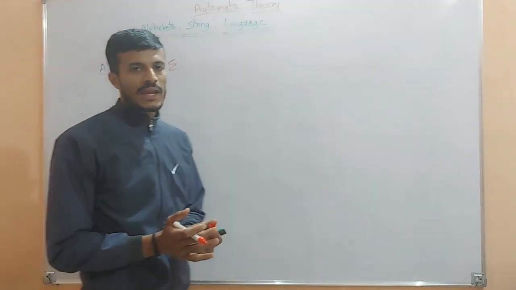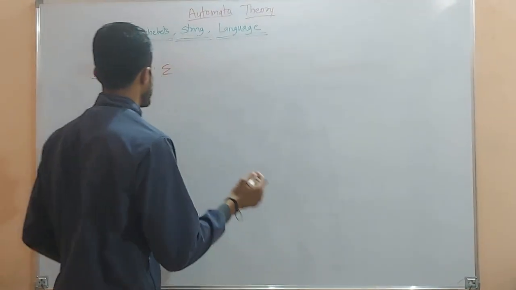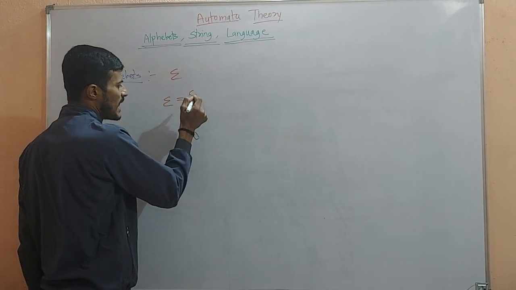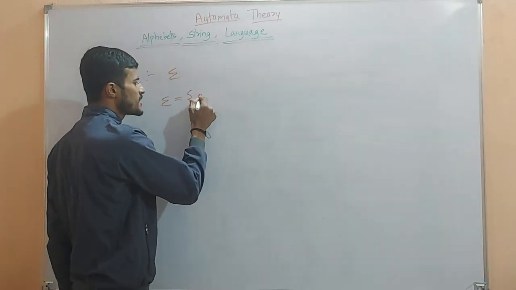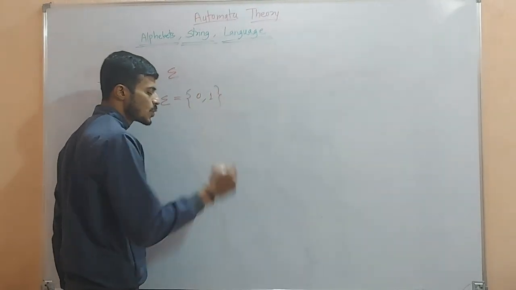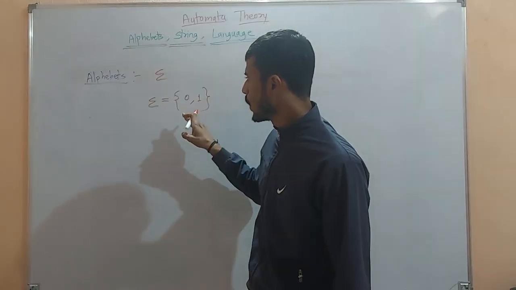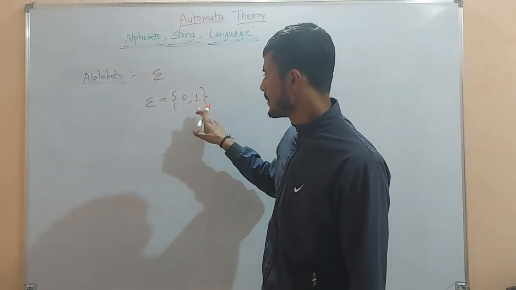In the regular language, sigma is the set of alphabets. I am taking two alphabets for the discussion, 0 and 1.